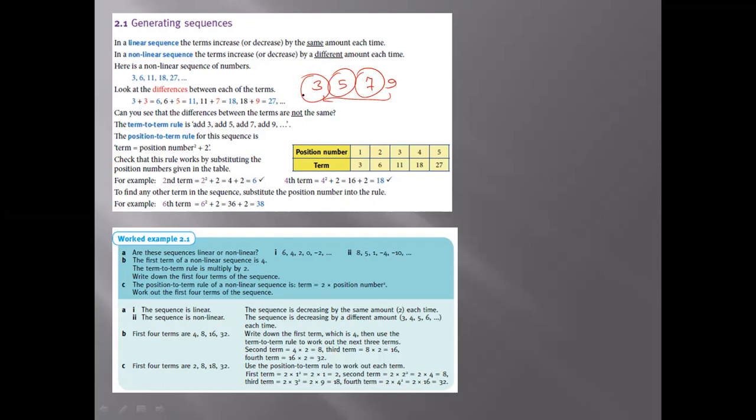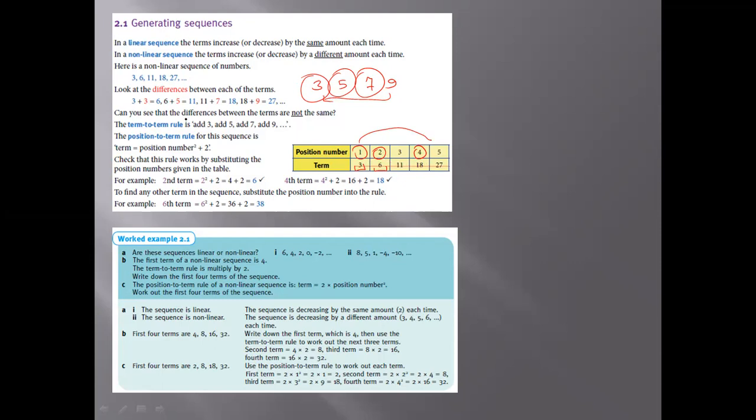That is the term-to-term rule. And the next rule is the position-to-term rule. For this sequence, term is equal to... term means the value of each number or each position. The first number is 3, the second number is 6, and the fourth value of this sequence is 18.